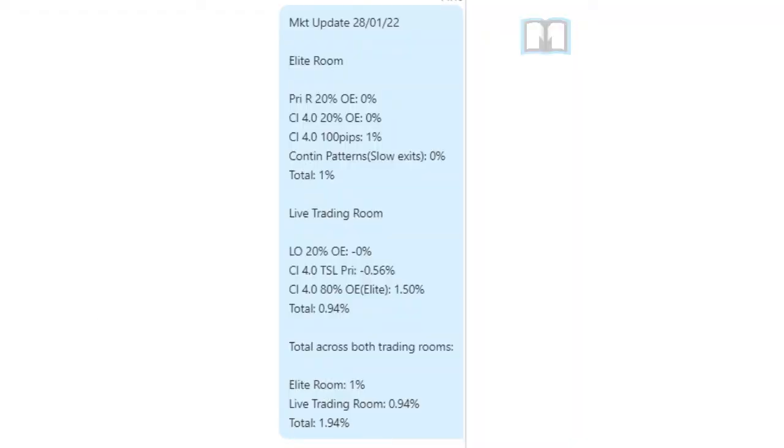So here are the results for this week ending 28th of Jan 2022. You can see that for the elite room, what we are looking at is CI 4.0 100 pips. We had 1%, all of the strategies were flat. Total 1% that we've achieved. In terms of the others, liftoff has been flat.